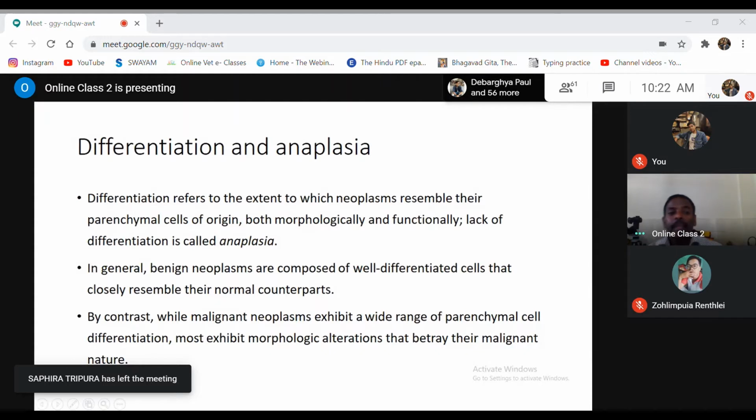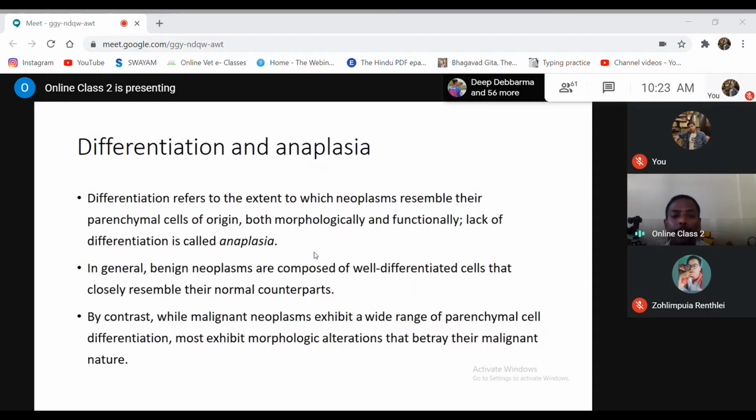But in case of malignant neoplasms, they are less differentiated, or they lack differentiation. Here you have to remember that anaplasia basically refers to reversal to the embryonal stage.